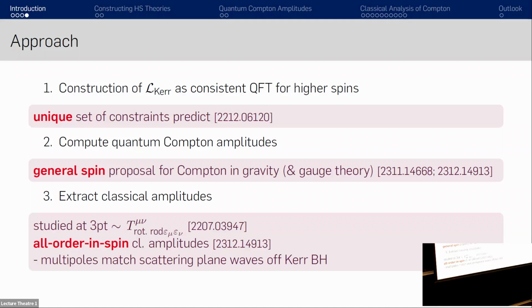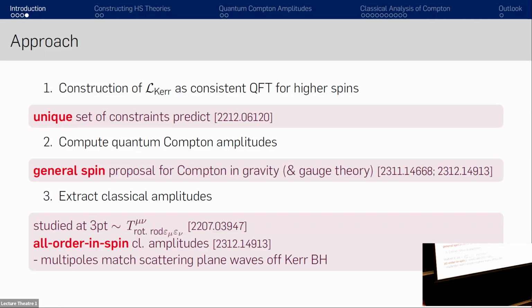And I just realized I'm missing something here. In particular, there's an example in a paper with Paolo where we studied how to extract classical physics from another set of amplitudes, amplitudes of interacting higher spins from string theory, the leading wedge states, and you can still extract classical physics from them.